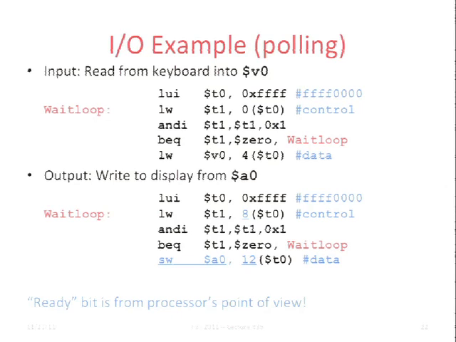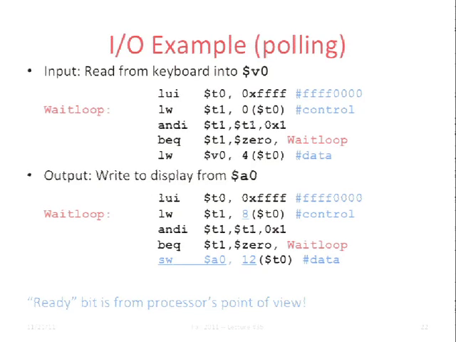If you wanted to write out to something, say the display, well, the display is a different device, so you can't use the same address. So there's a different set of registers for the display. So again, we load the base of the I/O memory region, and then we look at the ready bit, which is in the control register, which is 8 bytes after our first register.